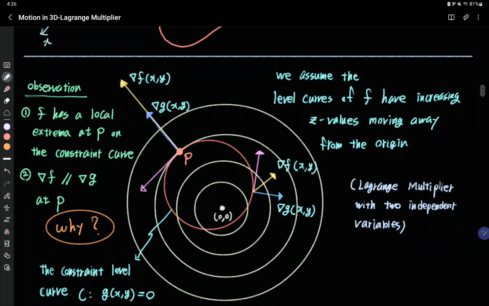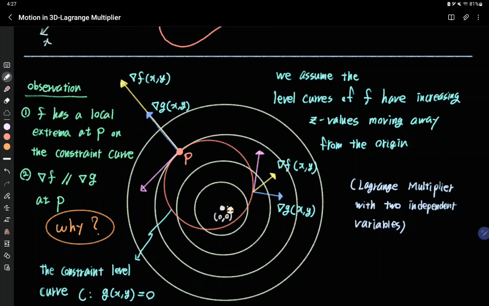Here we assume the level curves. You see multiple circles here. These are the level curves of the surface function f, with increasing z value moving away from the origin, right here.